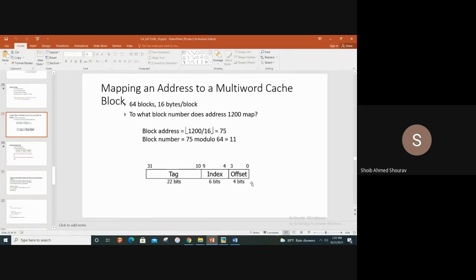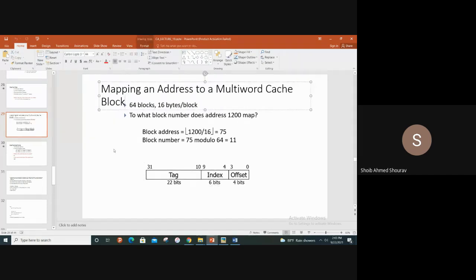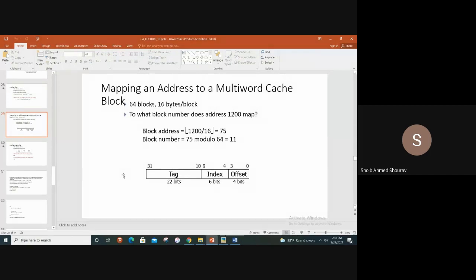The combination of these three will be 32 bits, as you can see, 22, 6, 4. But how is this 22, how is this 6, how is this 4? In here, there were 64 blocks, so 2 to the power 6 blocks. So n is 6, index is 6. And there were 16 bytes per block. 16 bytes means 4 words per block. 4 words means 2 to the power 2, so m is equal to 2.